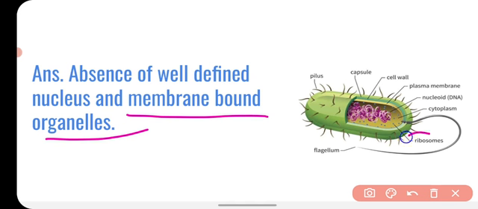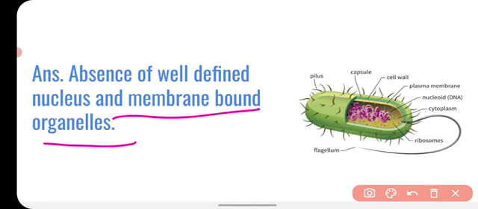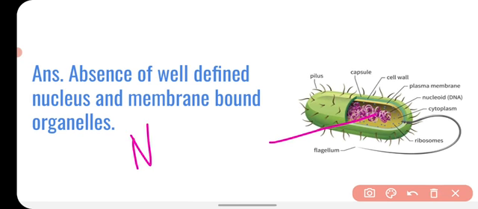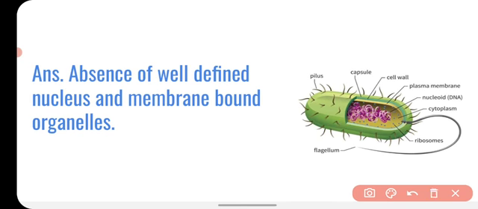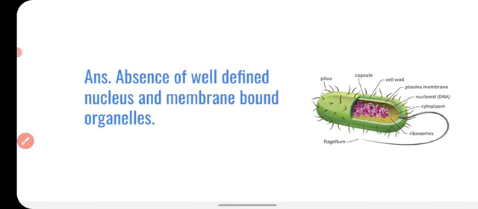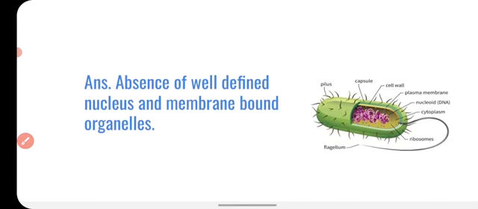They have only ribosomes, which are membrane-less cell organelles. So they do not have membrane-bound cell organelles, and no nucleus is present. Only the genetic material is present in the cytoplasm itself, and that is called nucleoid. So this is the characteristic feature of prokaryotic cell.